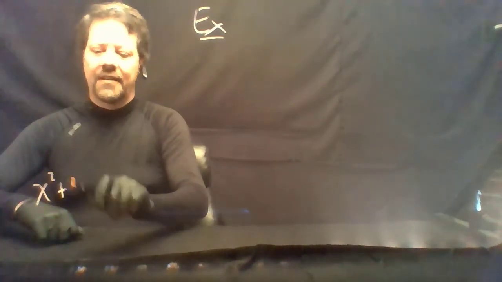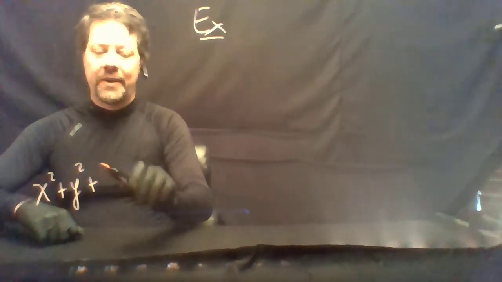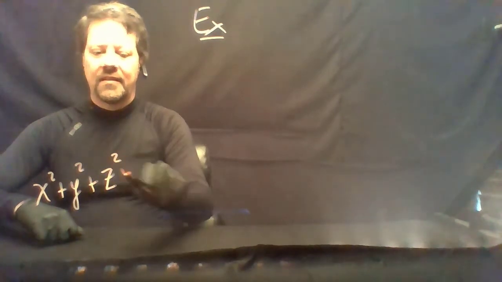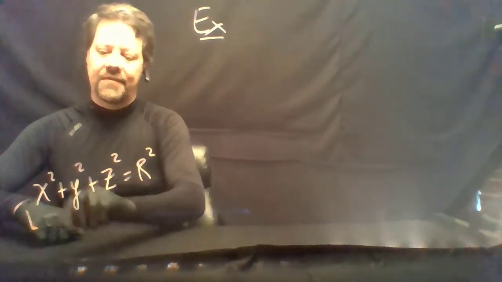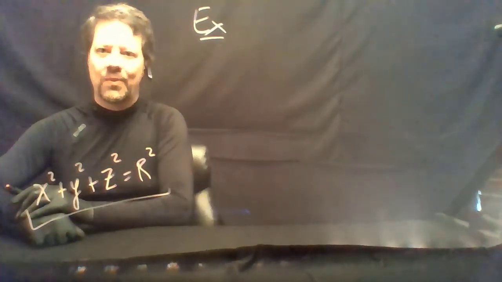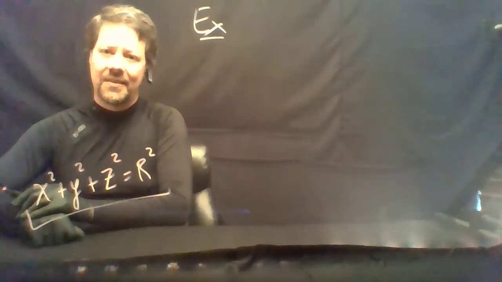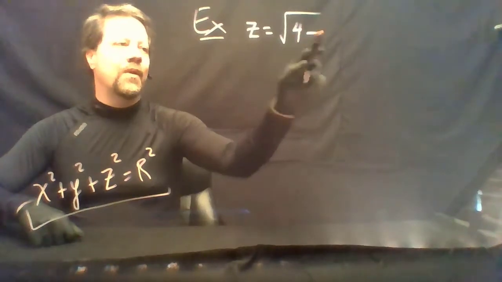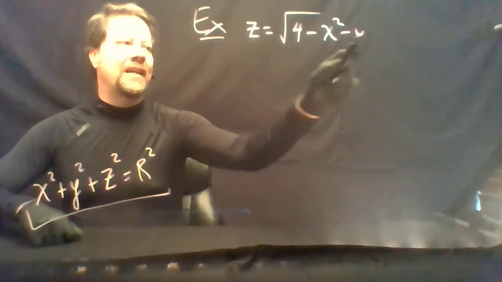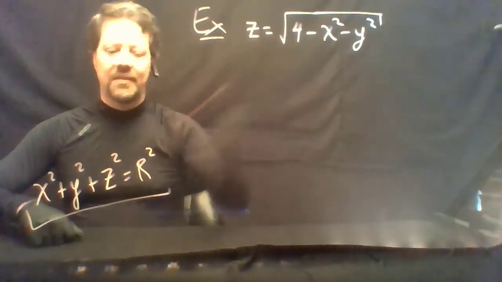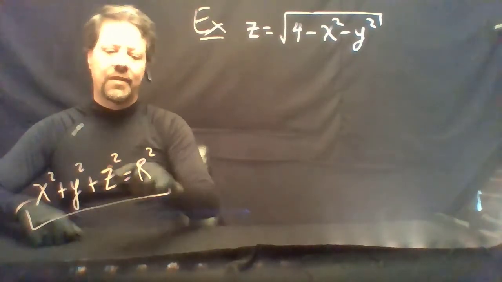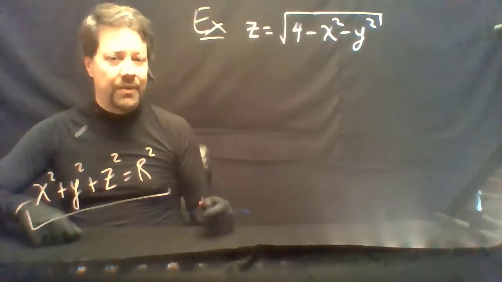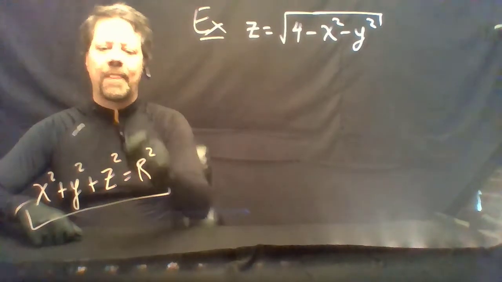As you might recall, a sphere is the set of points a fixed unit away from the origin. They satisfy the equation x squared plus y squared plus z squared equals r squared. So if I write z equals the square root of 4 minus x squared minus y squared, putting the x squared and the y squared over and taking the positive square root, I don't get the whole sphere.